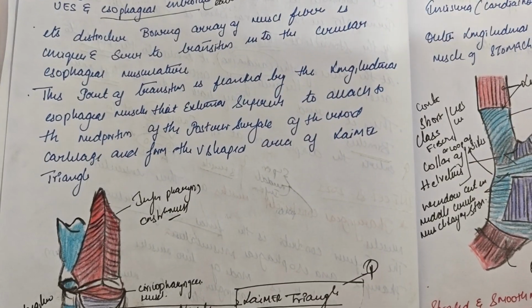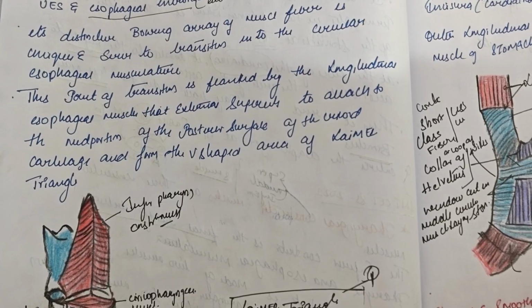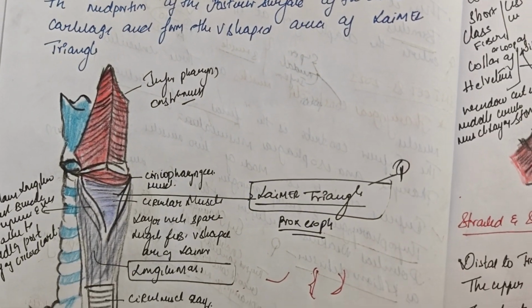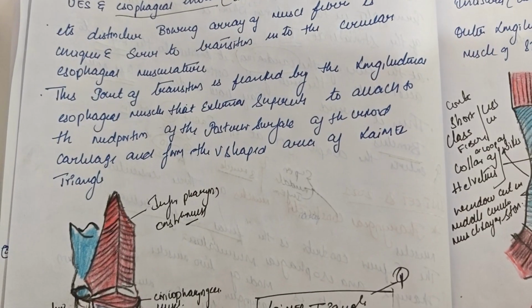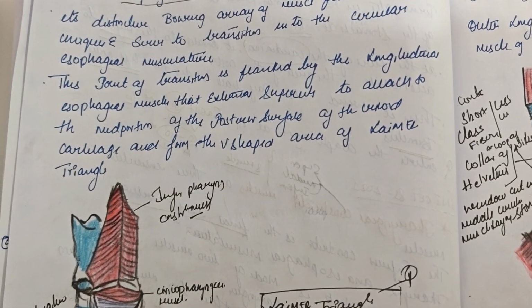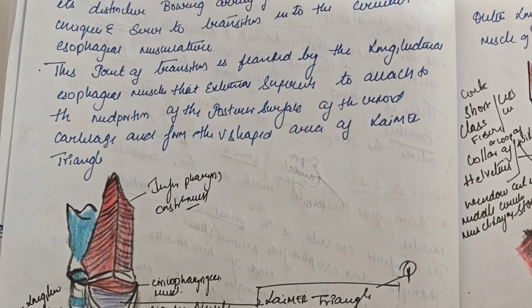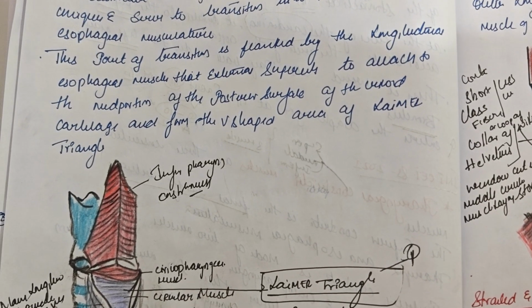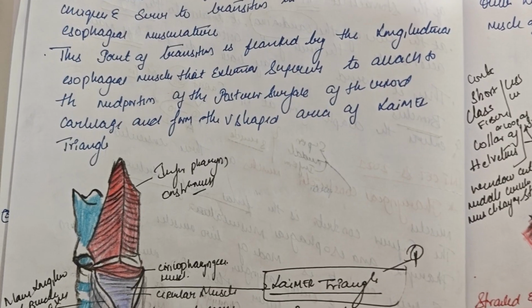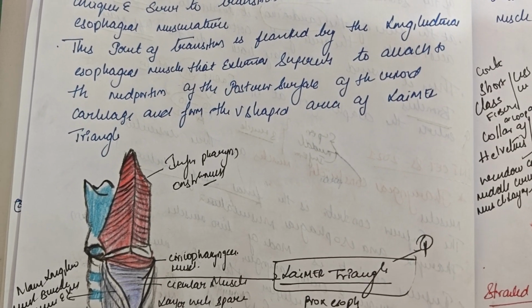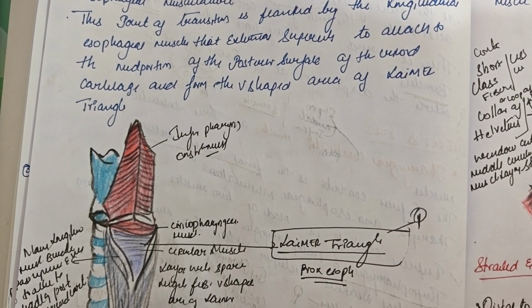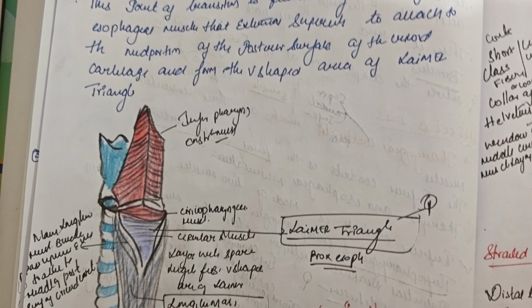The point of transition is flanked by, and what is it a transition of? Of the cricopharyngeus to the circular muscles. The point of transition is flanked by the longitudinal esophageal muscle, which is external and superficial, meaning they attach to the mid portion of the posterior surface of the cricoid cartilage and form the V-shaped area of Laimer's triangle.